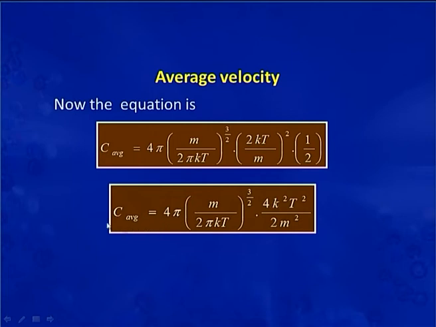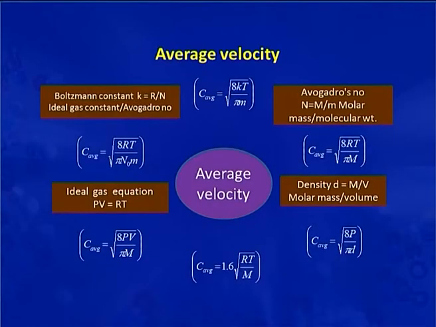The equation is now C average is equal to 4 pi (m by 2 pi kT) to the power 3 by 2 into 4 k square T square by 2 m square. On solving the above equation, we get the average velocity.